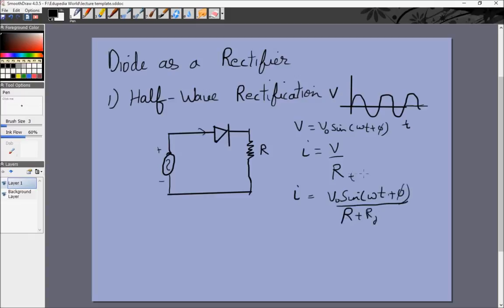This is R total. Rj would be the resistance of this junction, which we know is very small in the forward bias direction. So we could even actually neglect it, and the current flowing would be V naught sine omega t plus phi by R.